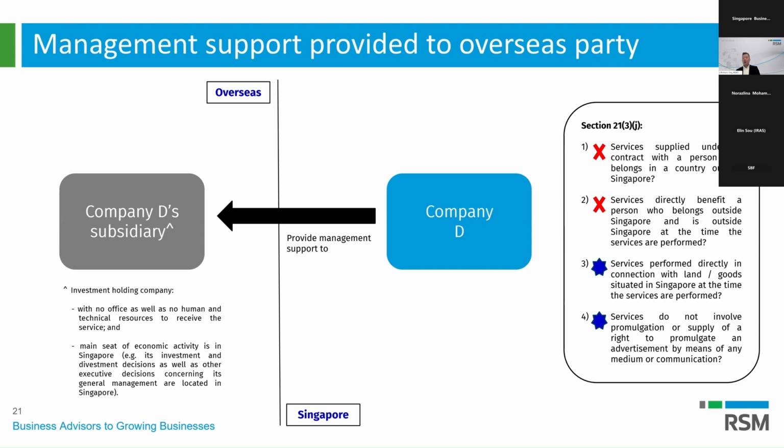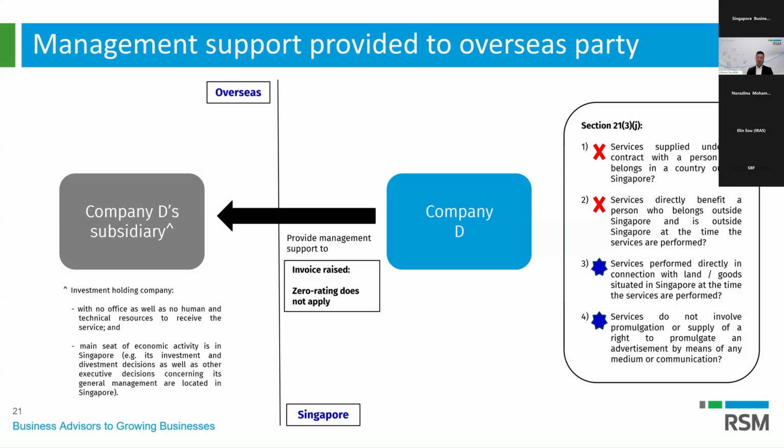However, if you look at section 21(3)(j) on screen, there are four main conditions. So long as any of them we are not able to meet, zero rating will not apply. So in this scenario, should we raise an invoice, zero rating does not apply. It's also quite common.